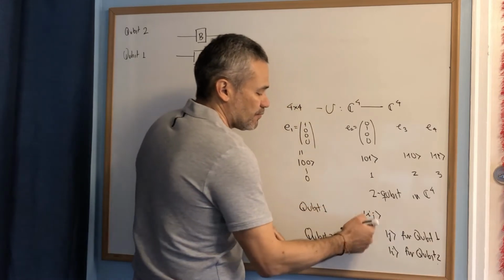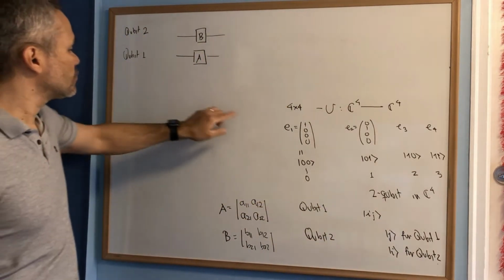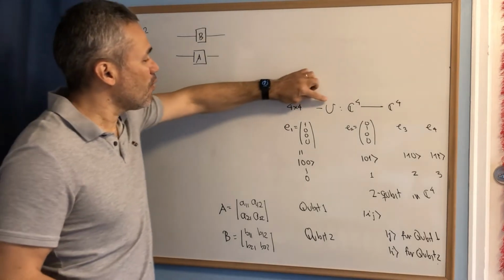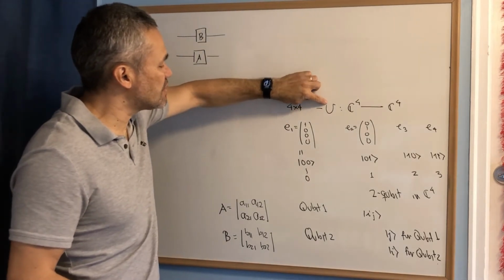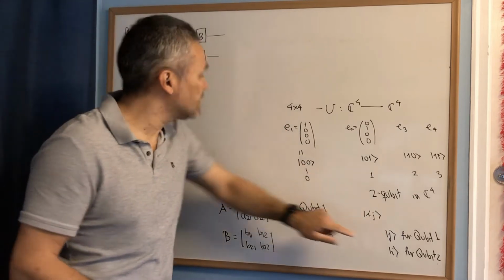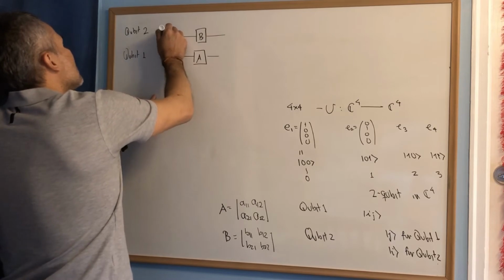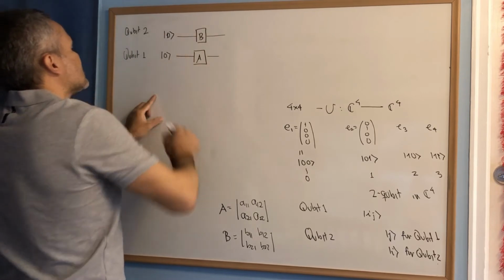This is the interpretation. Then we need to know what is the action of this transformation on E1, on this state, but this state is qubit 1 in state 0 and qubit 2 in state 0 as well.